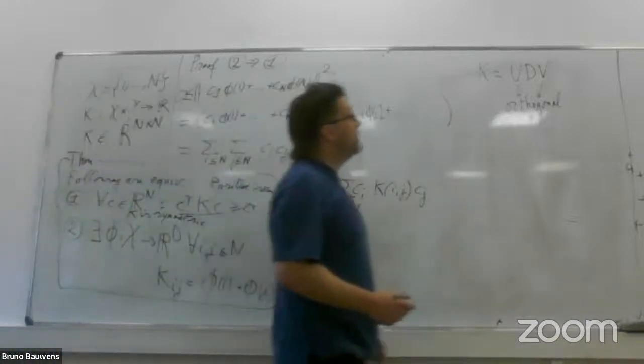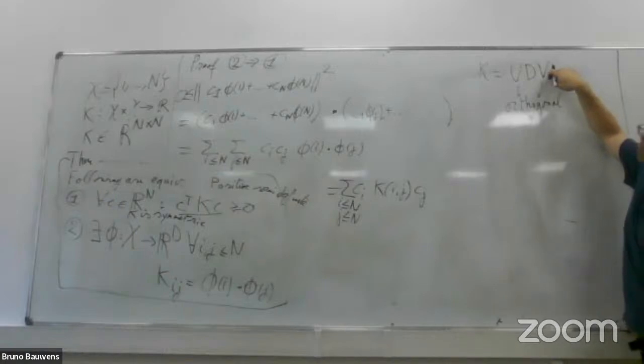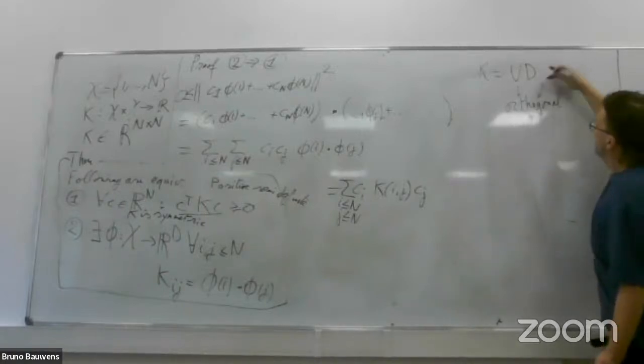So if K is symmetric, we can take V equal to U transpose in the decomposition, because the diagonal is for sure symmetric.